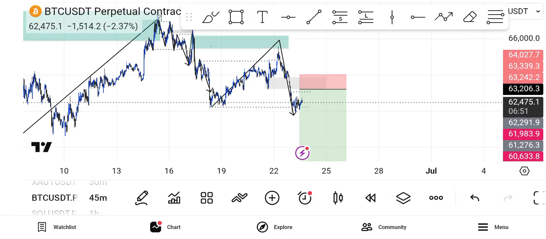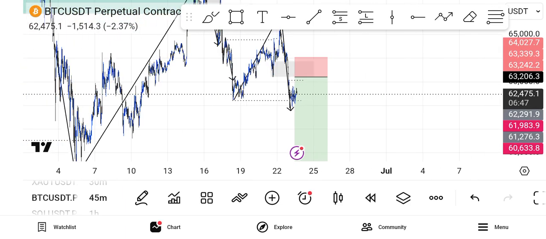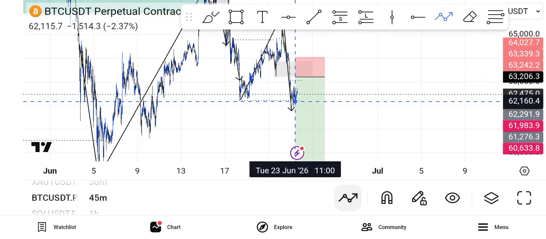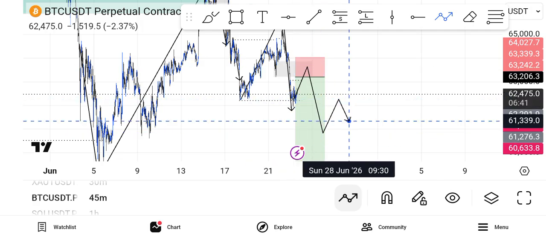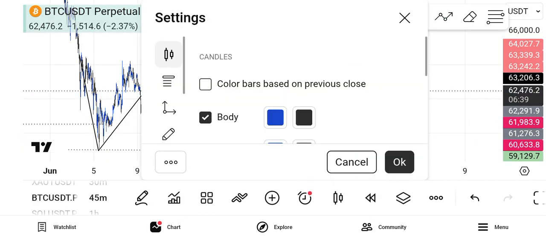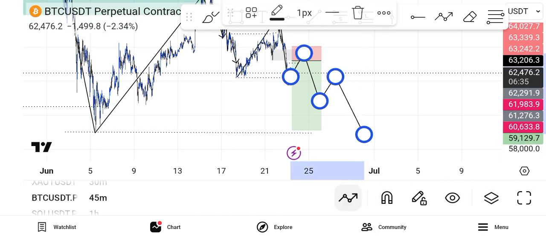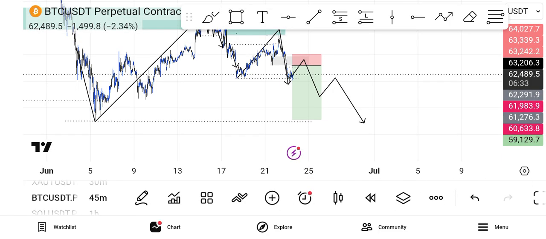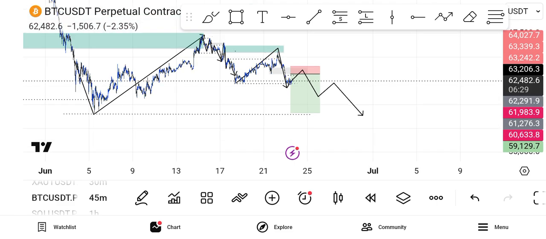I'm going to be looking for every point of interest that is valid in the market, and entering at those points of interest to continue riding with the market all the way down. So that is just how to understand and flow with the market in a very simple manner.